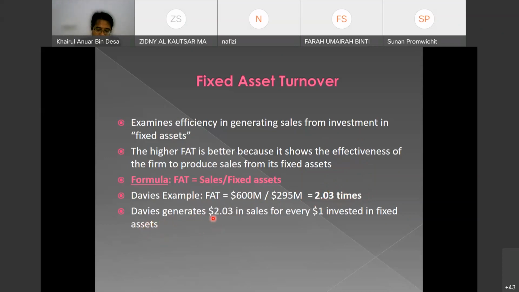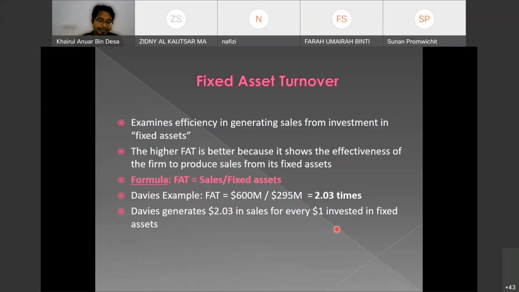So this company generates 2 ringgit 3 sen in sales for every one ringgit investment in fixed asset. Setiap RM1 yang kita keluarkan untuk membeli mesin tadi, ianya boleh menjana RM2 3 sen. Maksudnya memberi pulangan berganda, 2 kali ganda daripada setiap RM1 yang kita guna untuk membeli mesin, untuk membeli kilang, untuk membeli lori dan sebagainya.